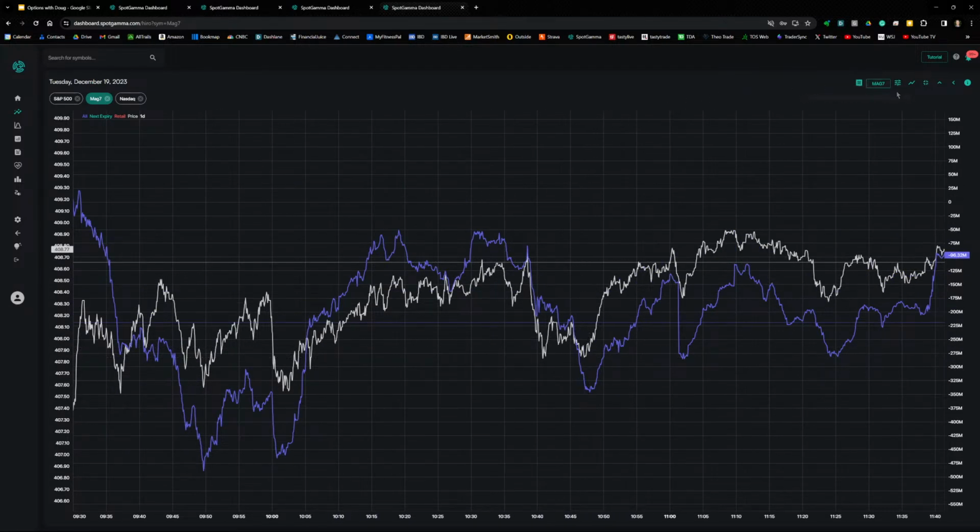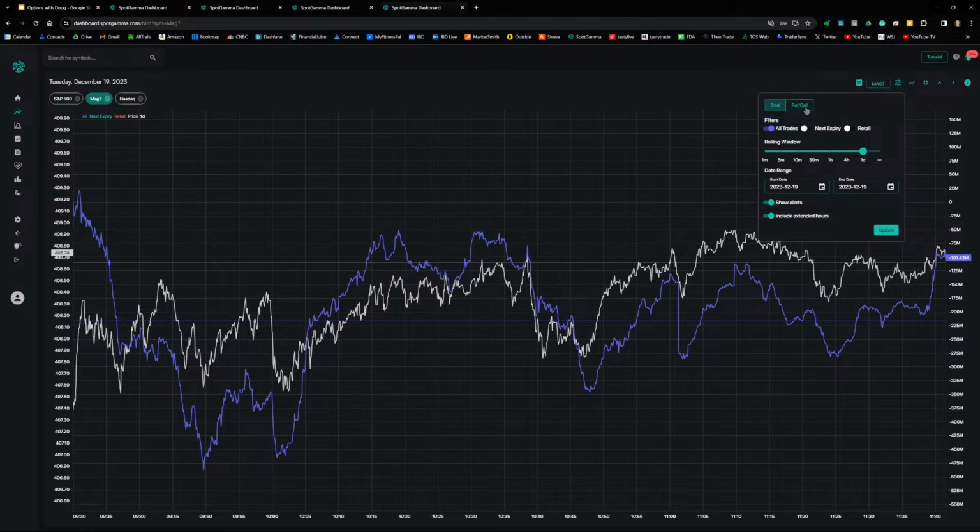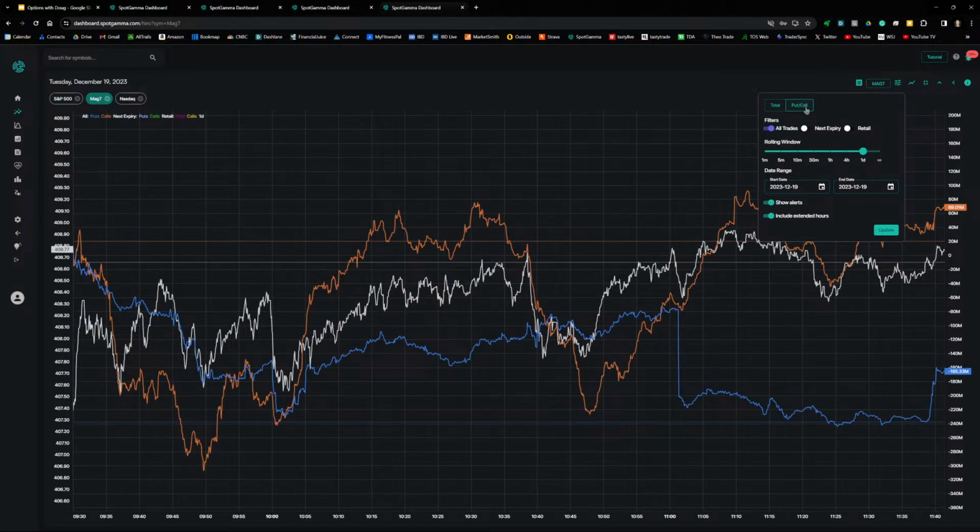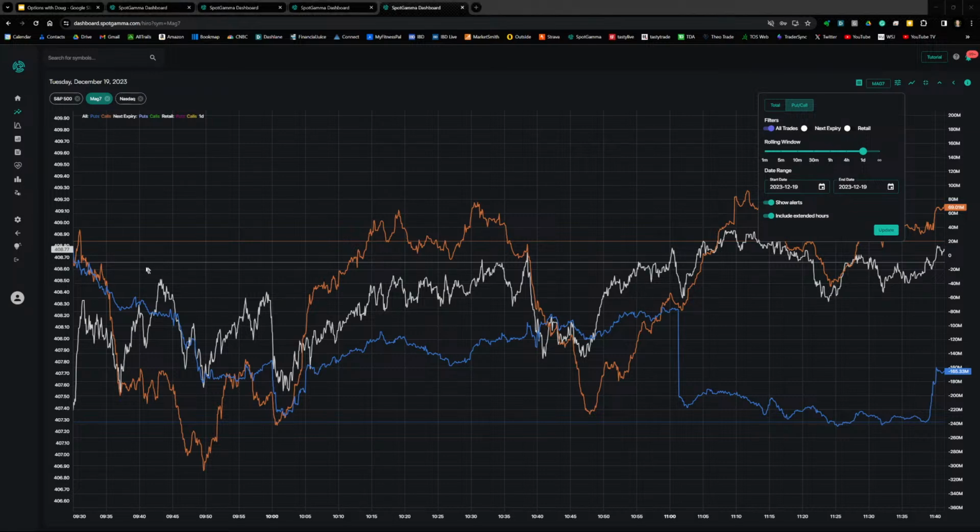Focusing on the morning, separate out puts and calls. And note right around 9:50, initially traders were buying puts, shown by the blue line. They were also selling calls.